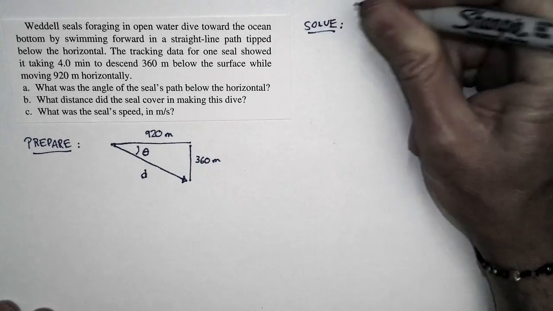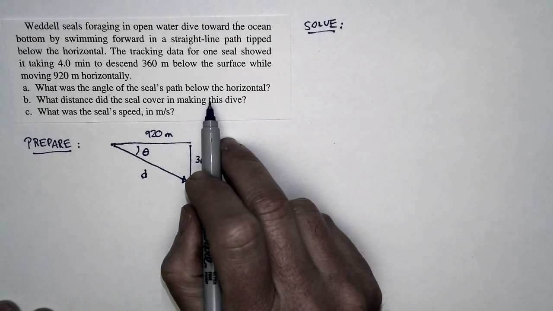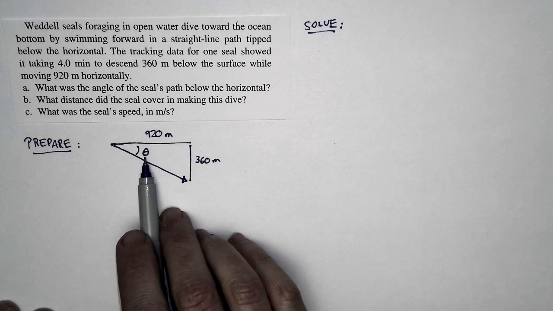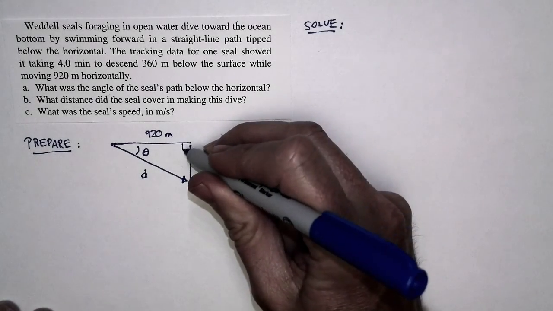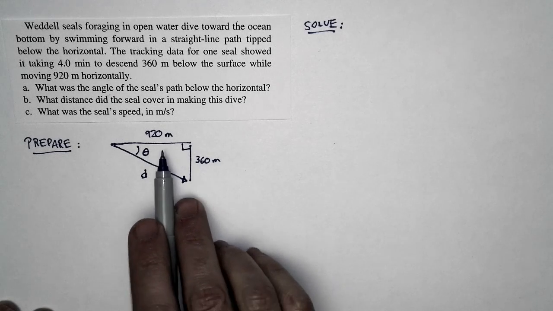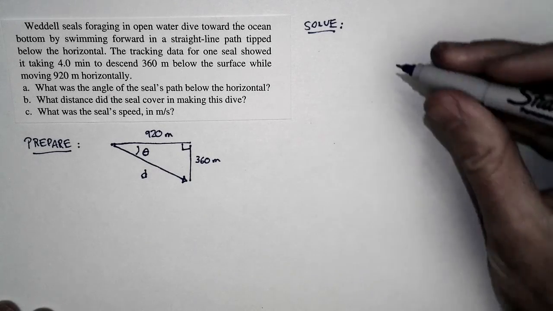We're going to start with A. What is the angle of the seal's path below the horizontal? Well, if I look at this angle theta, this triangle is a right triangle. The opposite side is 360 meters. The adjacent side is 920 meters.